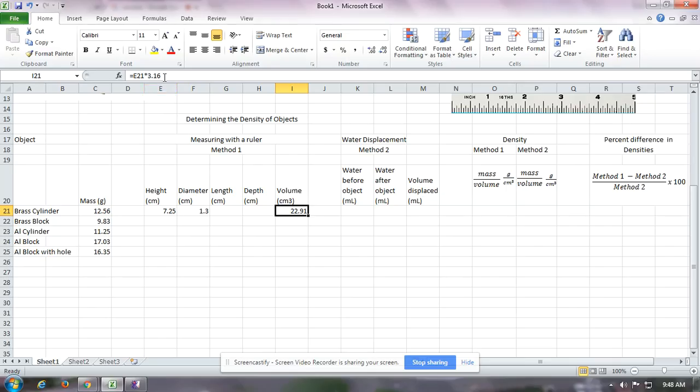So I'm going to go back up here. All right, so then times open parentheses, the diameter, divided by 2, close parentheses, and I think this is going to work. Square. So there it is, and let me go over here and add another digit.